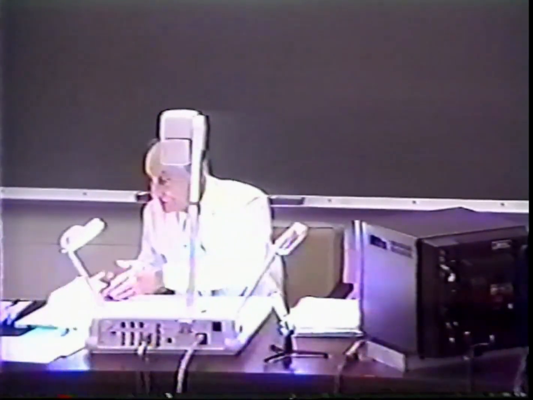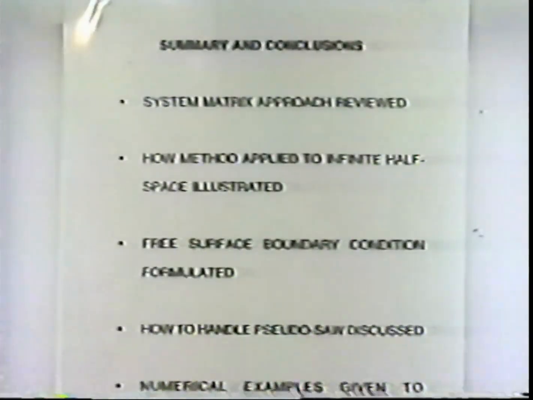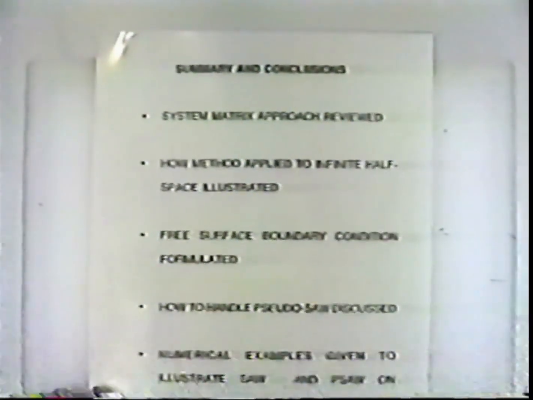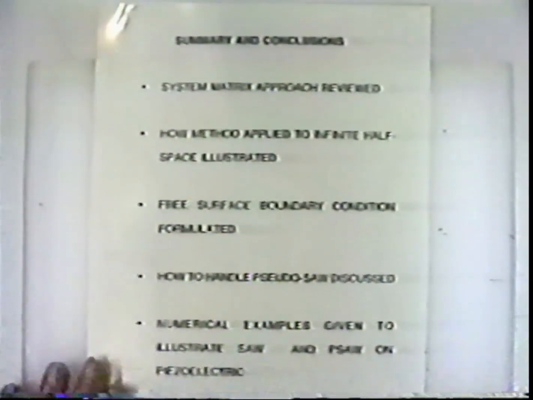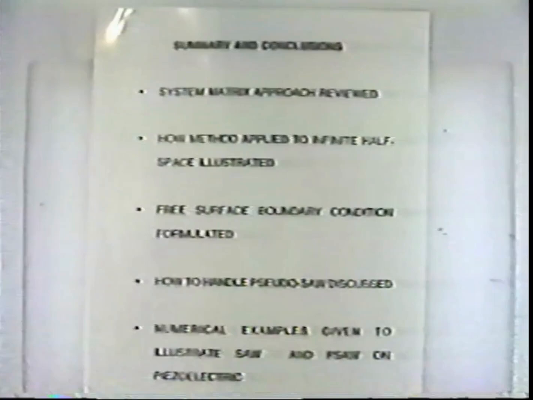Okay, so let me try to summarize some of the things that we have done since actually starting this series. What I've tried to focus on is reviewing the system matrix approach, which is the one that my students and I developed over the last couple of decades.